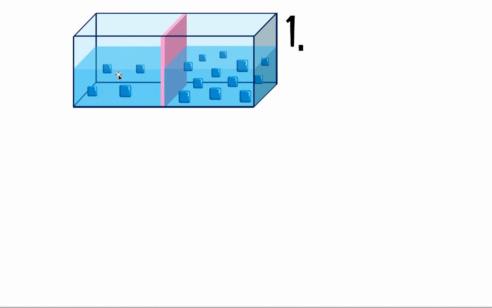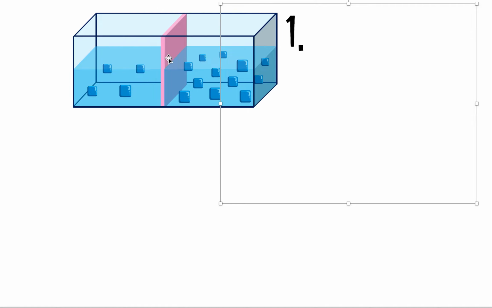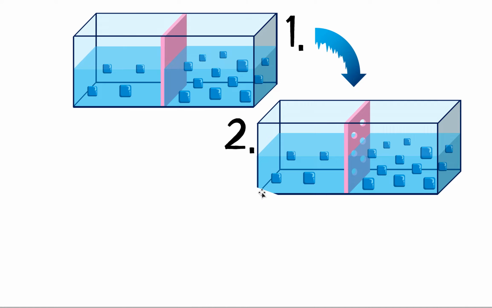Now this side has way fewer of these molecules for the same amount of volume compared to this side. For the same amount of volume, this one has way more of these, right? Now, what will happen if we drill some holes in this wall, such as this? Let me move this up a bit.